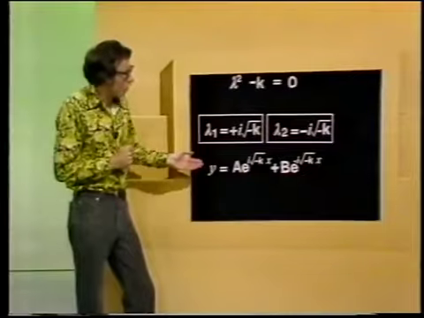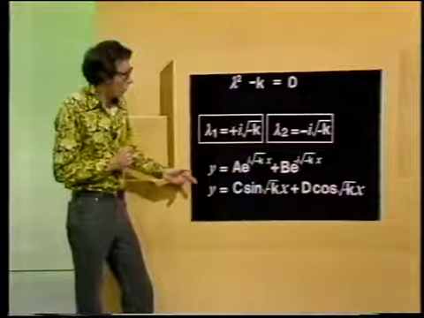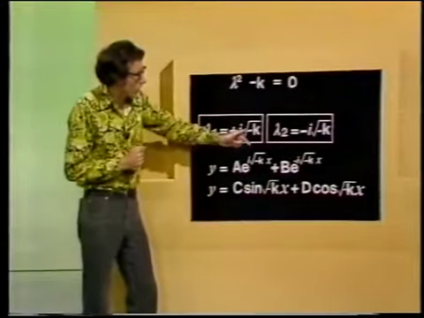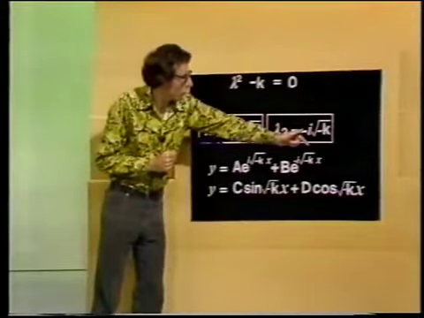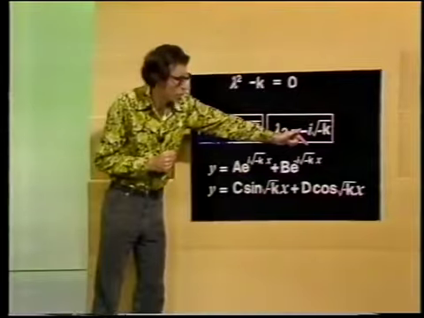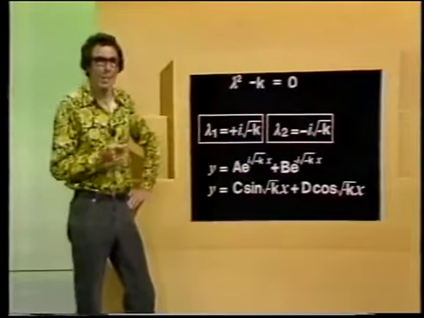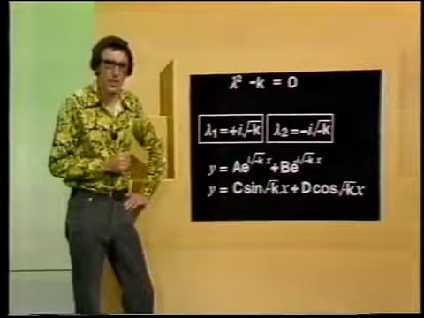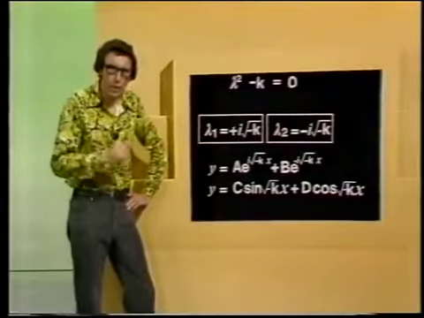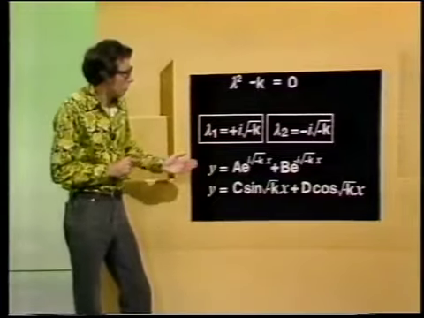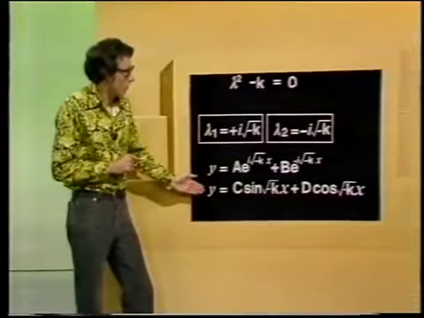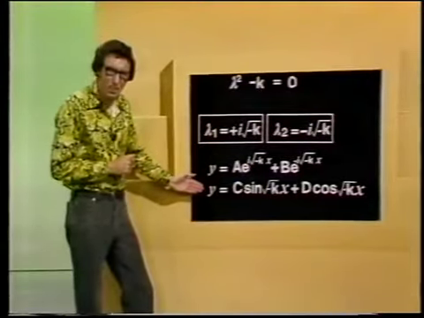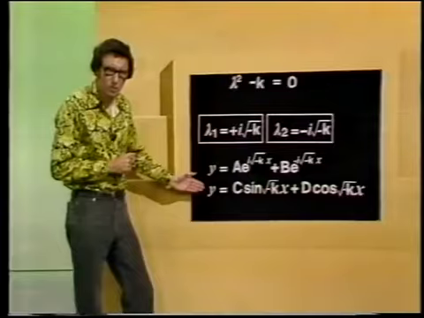Or alternatively, we can write it in this form, because those complex exponentials are each a combination of a sine and a cos. And everything is real here, as we'd expect. So if k is negative, the general solution of the differential equation takes this form, a combination of sinusoidal functions.